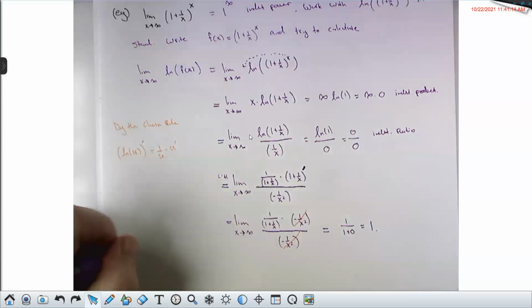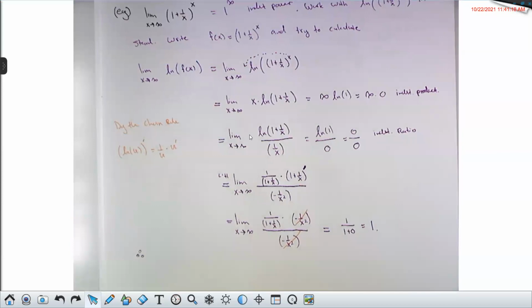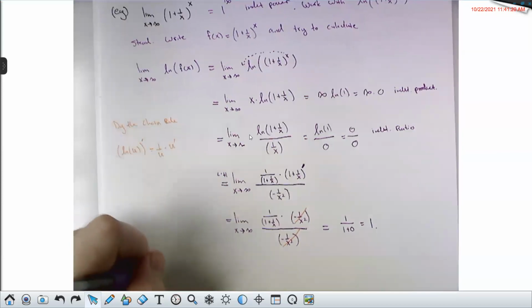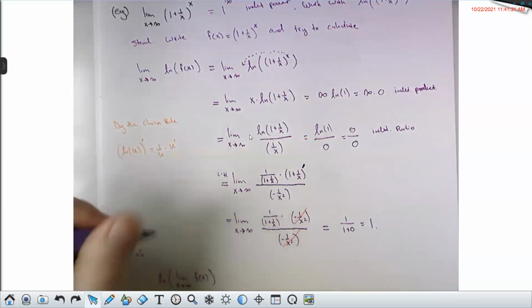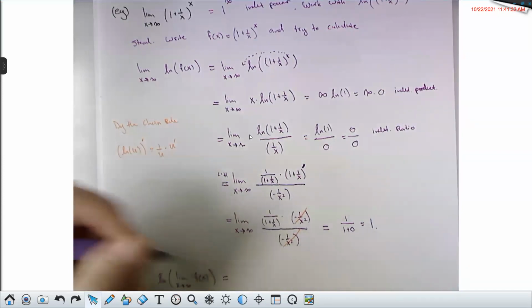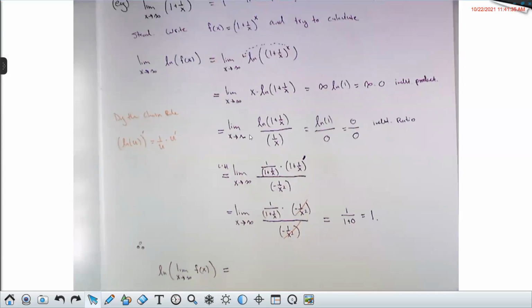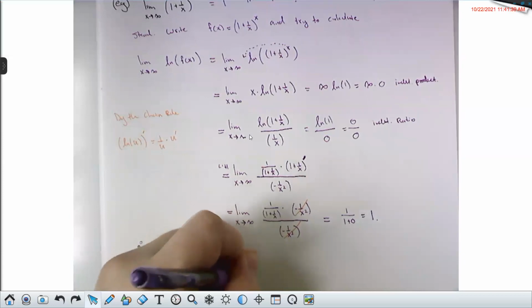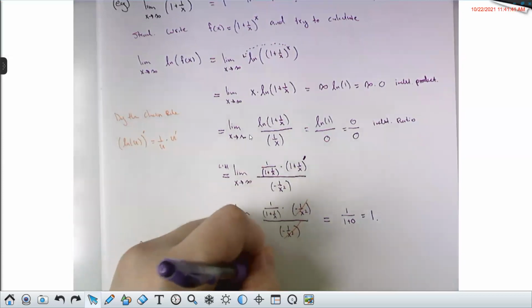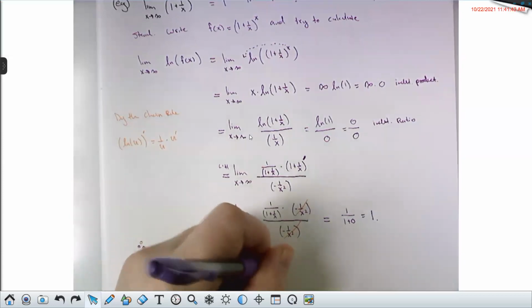So here's how I would wrap this up. The first thing I'm going to write down here might look a little bit weird, so I want you to just watch carefully. The ln of the limit as x goes to infinity of f of x, by our rules for limits, is the same as the limit as x goes to infinity of the ln of f of x.